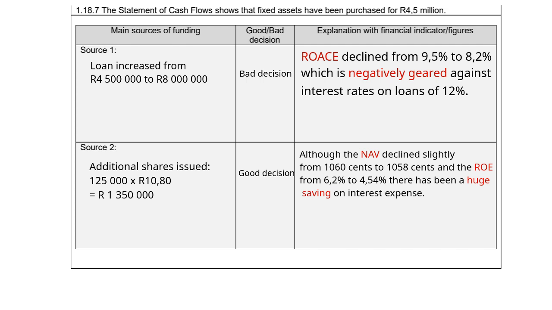Okay, so although the NAV declined slightly from 106 cents to 105 cents, and the return on equity from 6.2% to 4.54%, there has still been a huge saving on interest expense.